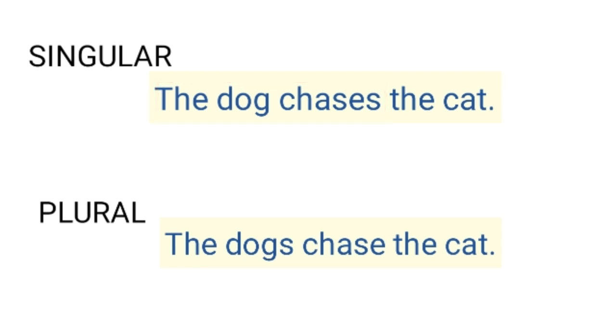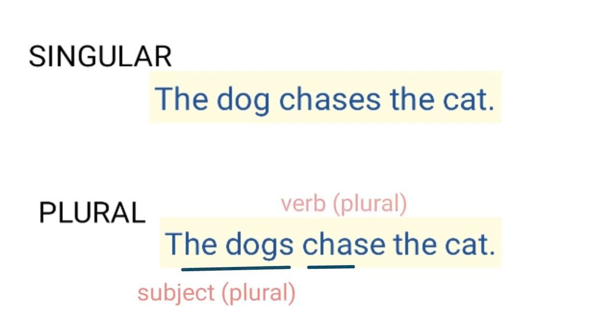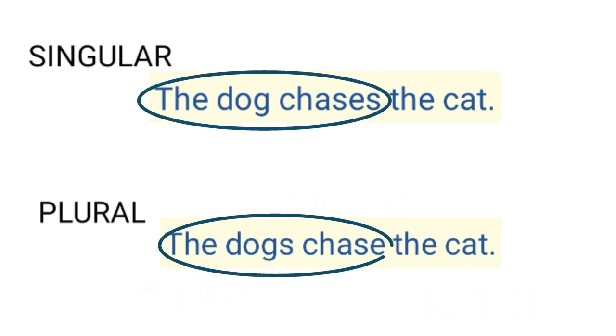Look at the second sentence. The dogs chase the cat. So when the noun became plural, we used a plural verb, but note the point, we didn't write s in that verb. So I think you understood the difference. The dog chases the cat. The dogs chase the cat.